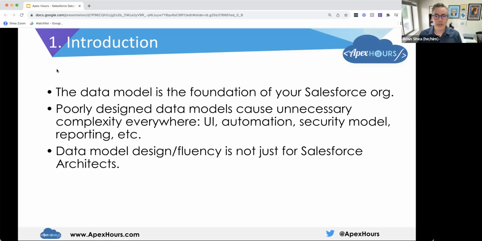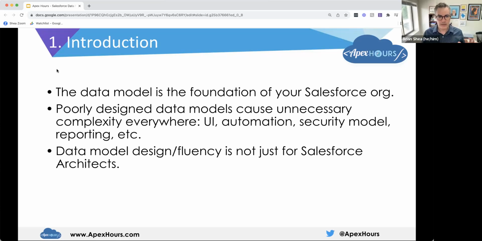And last point to call out, I know this Apex Hours audience is a mix of admins, developers, architects, all kinds of different Salesforce practitioners and consultants. One point I want to call out here is that data model design and fluency is not just for Salesforce architects.